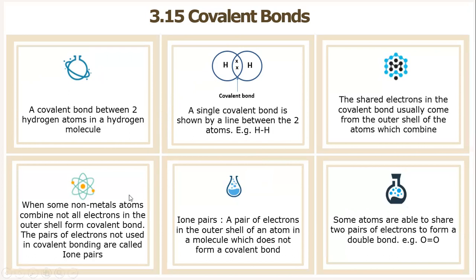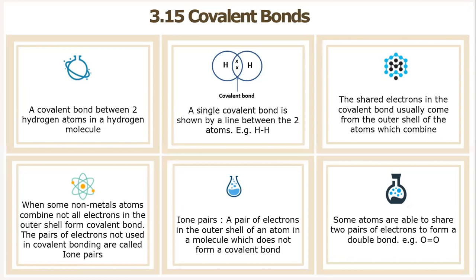And when some non-metal atoms combine, not all electrons in the outer shell form covalent bonds. The pairs of electrons not used in covalent bonding are called lone pairs. A lone pair is a pair of electrons in the outer shell of an atom in a molecule which does not form a covalent bond.